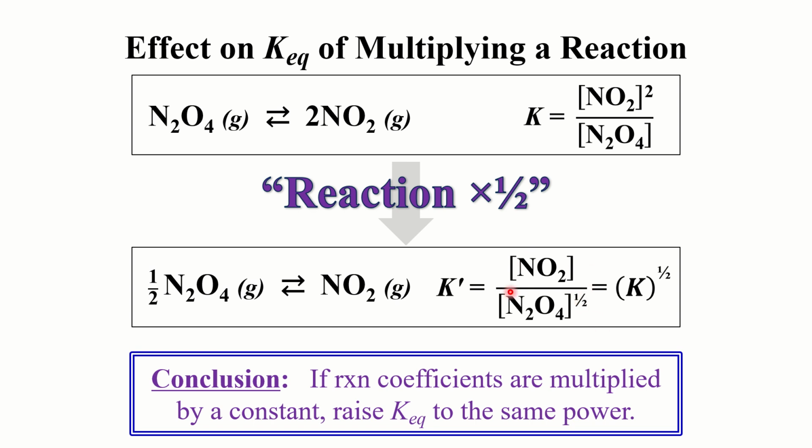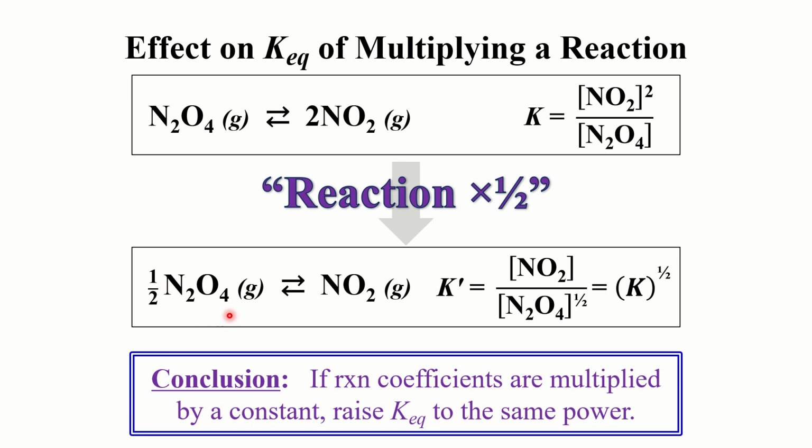I also notice that this new expression is equal to the original expression raised to the 1/2 power, right? If I took this expression and raised it to the 1/2 power, I would be left with this expression down below. So I can say then that K prime equals the original K raised to the 1/2 power.